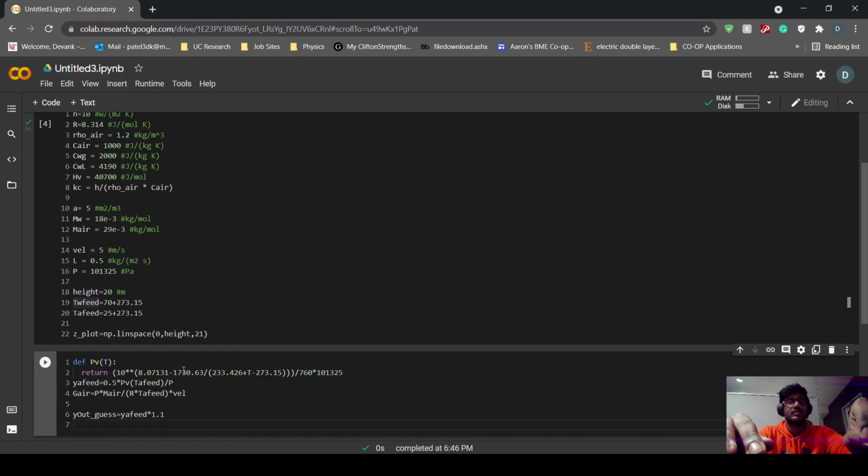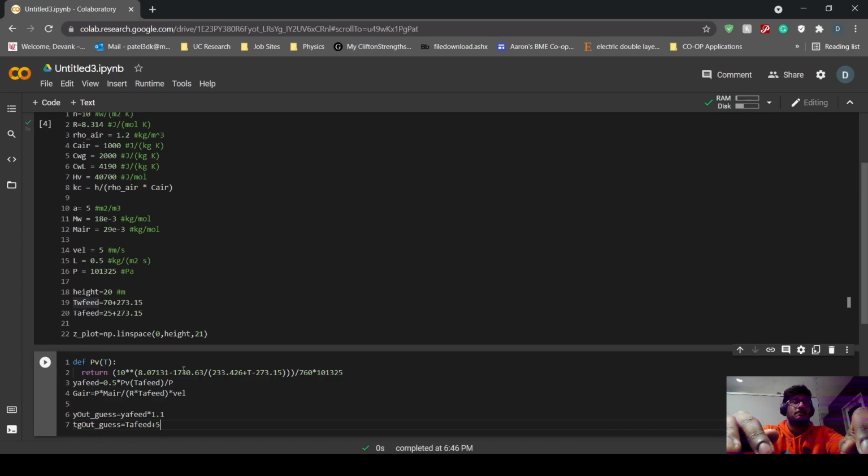And then what we want to do is the initial guess for the temperature of the vapor, or the air temperature. So we're going to say Tg out underscore guess, and that's going to be equal to our TA feed, so air temperature of the feed, plus 5. And again, it's just a guess. That's why we're using plus 5.